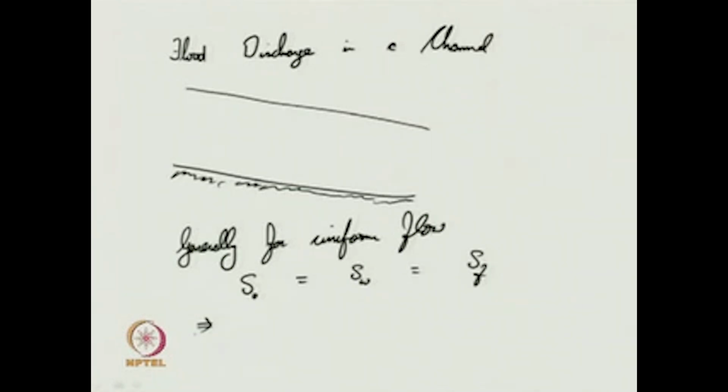To approximate uniform flow in those natural streams or rivers, you have to suggest that your bed slope is approximately equal to your energy slope, or approximately equal to the water surface slope. You need to give certain approximations, then only can the uniform flow approximations be employed for natural flow. As you have seen in compound section channels, most natural streams may have compound sections.